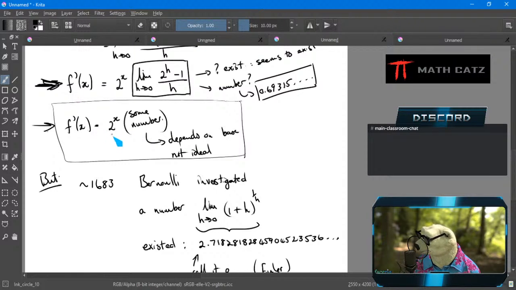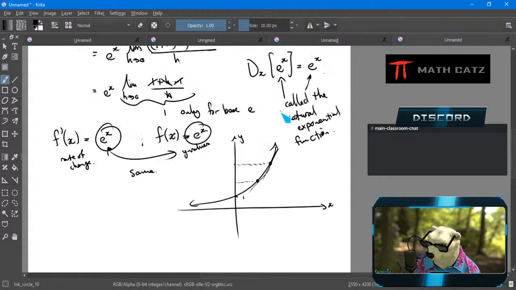If my function is 2 to the x, the derivative is 2 to the x, but scaled with some number. And I don't know what that number is right now. We're going to have to wait until the very end and loop back and better understand what the relationship of this number is to the function itself. For now, we found the simplest case with the base e.